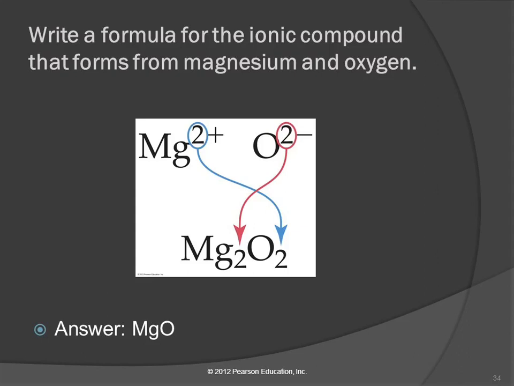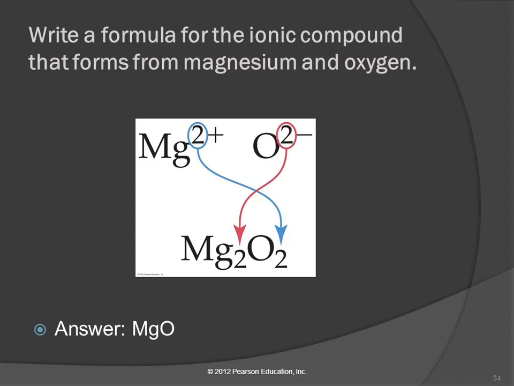Magnesium and oxygen. Magnesium, we know from the periodic table, has a +2 charge because it's in group 2. Oxygen has a 2- charge. When we look at these charges, do we really need to crisscross them? Plus 2 and minus 2. The number is the same. The signs are opposite. These guys add up to 0. Just one of each, because the charges are the same.